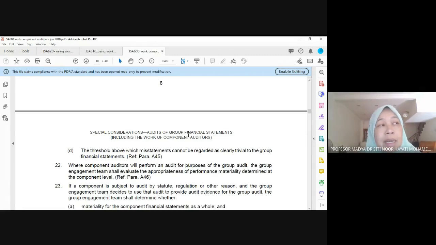And then the rest of the team members would be from the parent company. So you can see here that to get the component auditor involved would be easier because of the information. But if, let's say, the component auditor is not part of the team, then there might be difficulty in getting the evidence. So this has to be considered by the auditor.